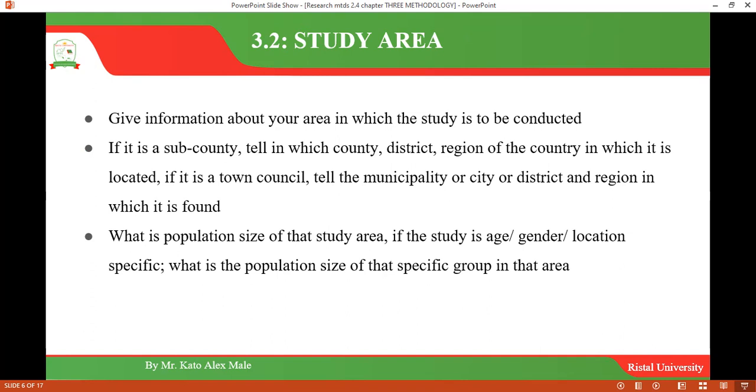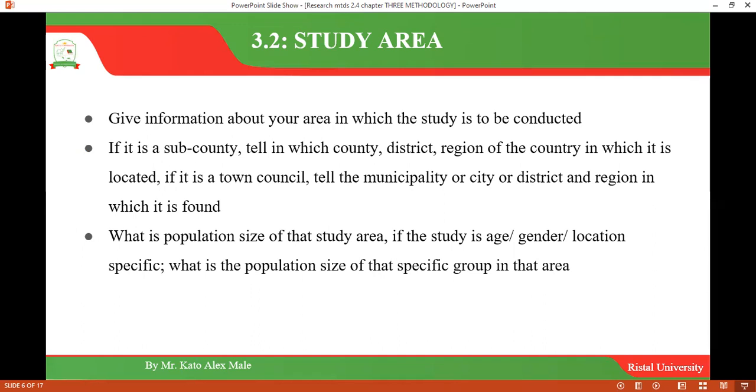If it is a state, in which region of the country is it located? You also talk about the population size of that area. And if the study is gender or age or location specific, what is the population size of that specific group in that area? Give us all this information under study area.